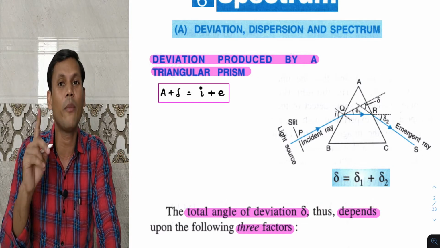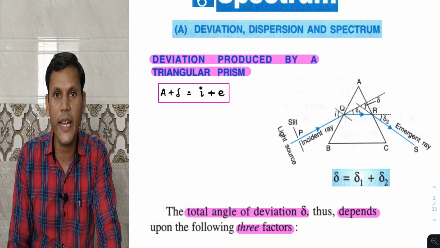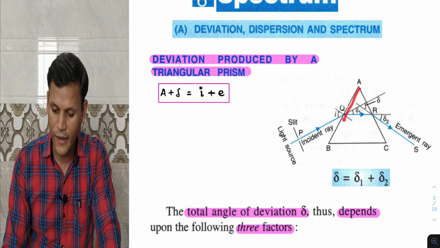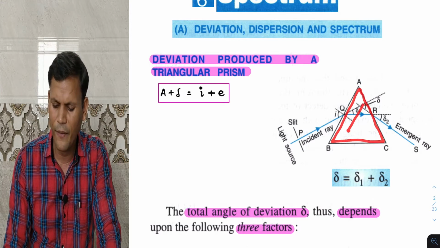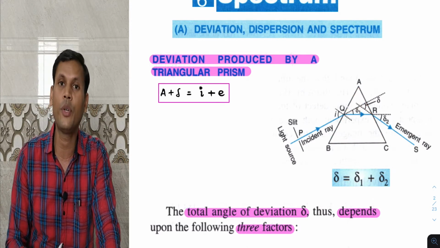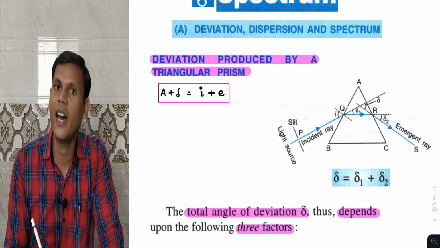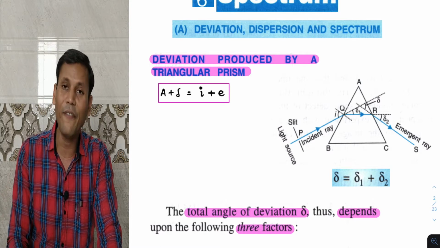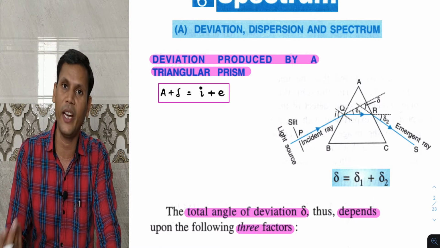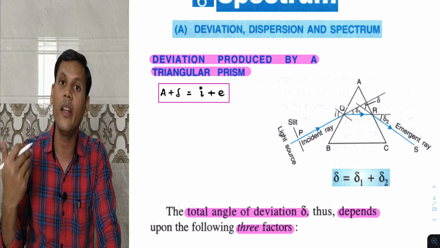And one more thing: it will depend on the refractive index of the material of the prism. If it is made of glass, then we have to consider the refractive index of the glass. Another formula tells us on what factors this angle of deviation will depend.